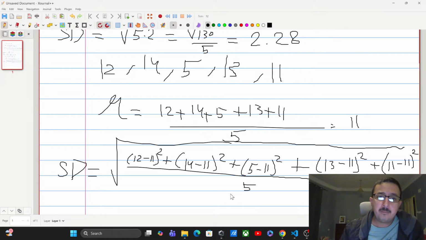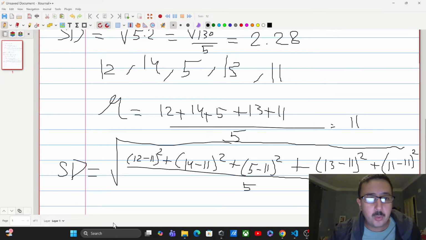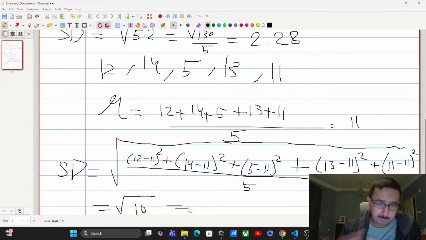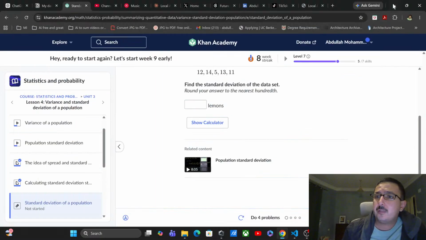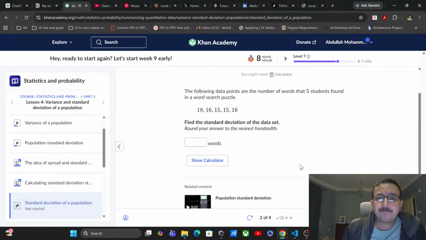I got 10, so it's gonna be equal the square root of 10. In terms of numbers it's gonna be 3.60 to the nearest hundredth. So 3.60. Yep, we could have done it here.